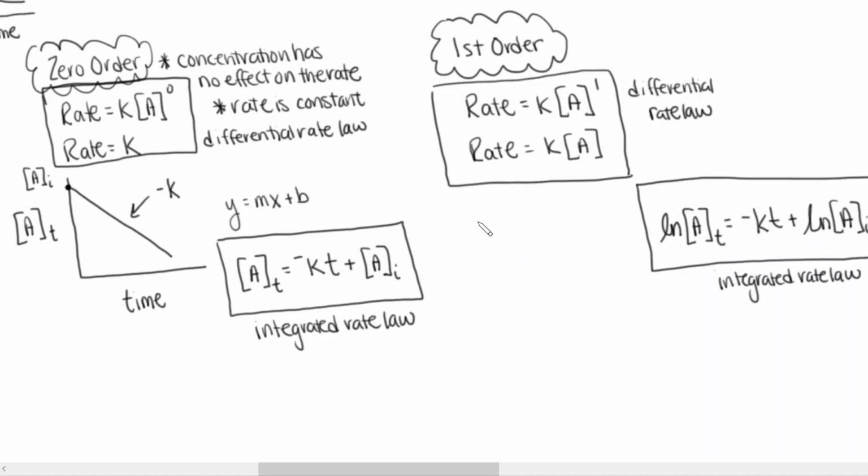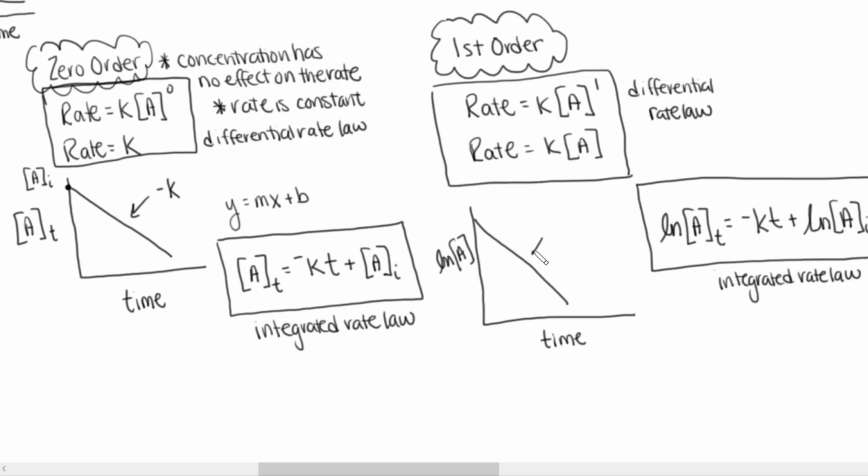In other words, if I were to graph this, but instead of graphing concentration versus time, I graph the natural log of the concentration versus time, if I put this on my y and this on my x, I will get a linear relationship or graph if the reaction is first order.